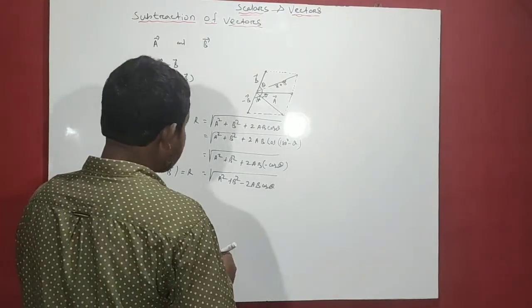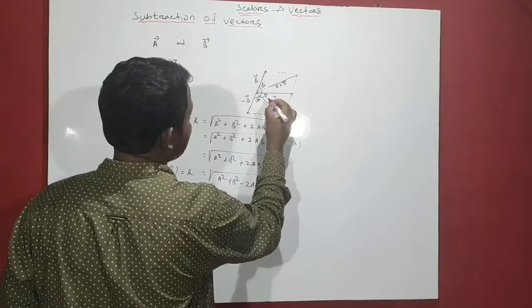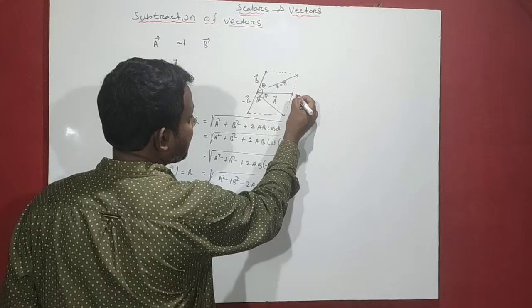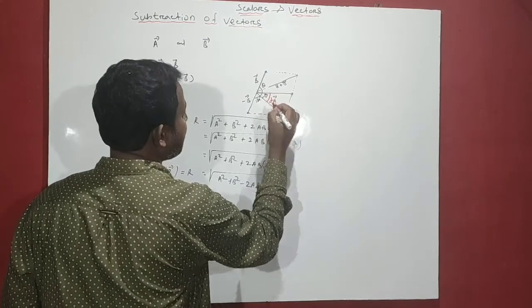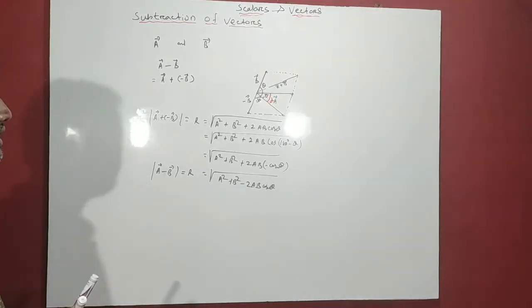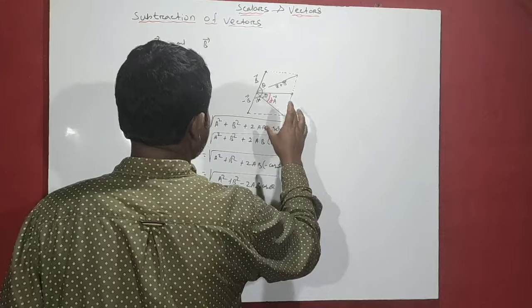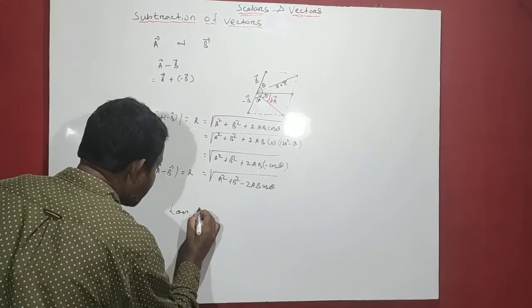Sir, where is its direction? We always find the direction of the resultant with respect to vector A. Let this angle be alpha. So for the direction of the resultant, we find tan alpha.